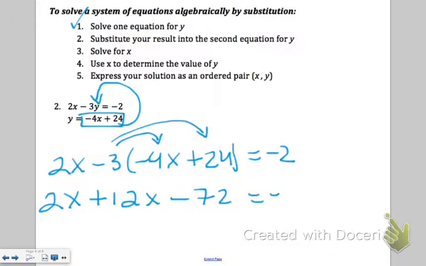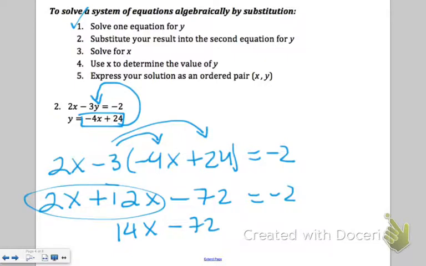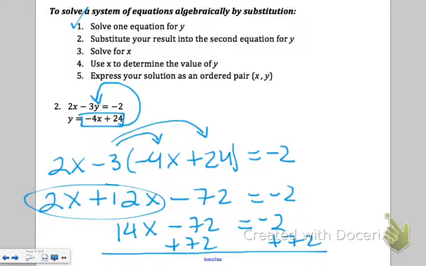And that's all equal to negative 2. So now that I've distributed and gotten rid of those parentheses, I can start combining like terms on the left-hand side. 2x and 12x gives us a 14x minus 72, since we can't combine that with anything on the left, equals negative 2. In order to divide by 14 as our last step, we need to bring this constant to the opposite side of the equal sign by using inverse operations.